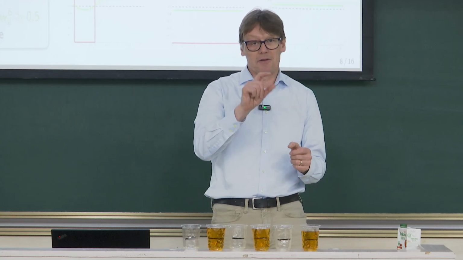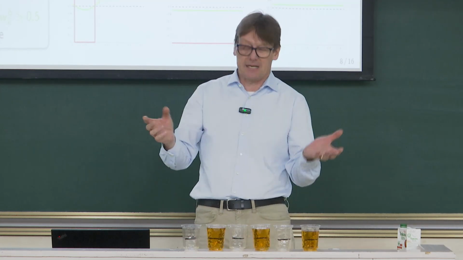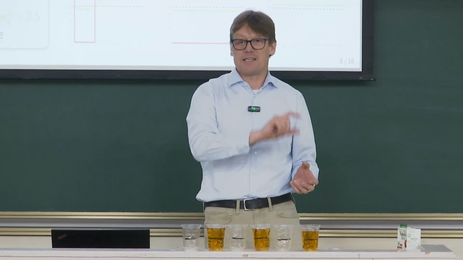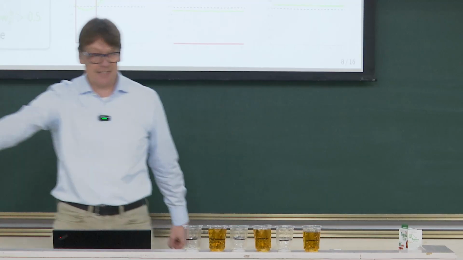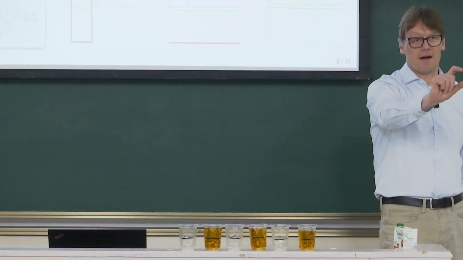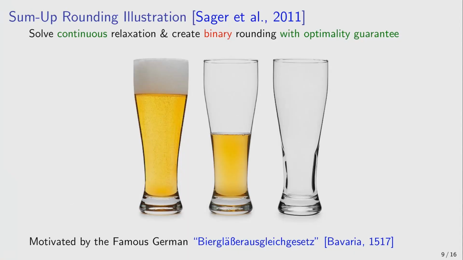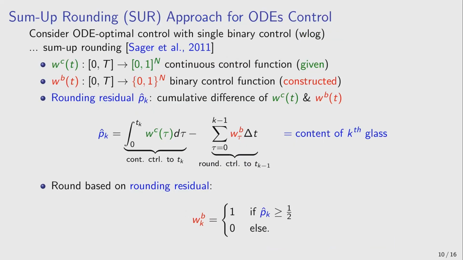So the only amount of apple juice or beer that I need to fill up or remove is half a glass at the very end, no matter how many glasses you have. If I had 1,000,000 glasses here, at the very end, I would be left with half a glass, over or under. The algorithm that you've just seen is called sum up rounding.